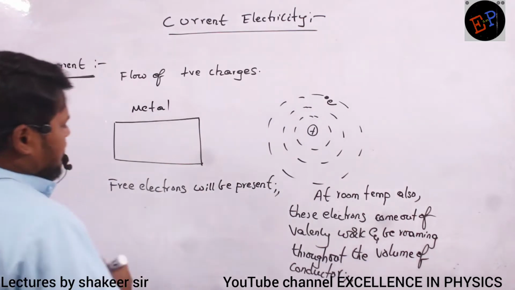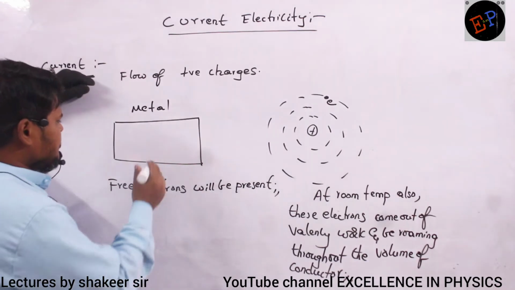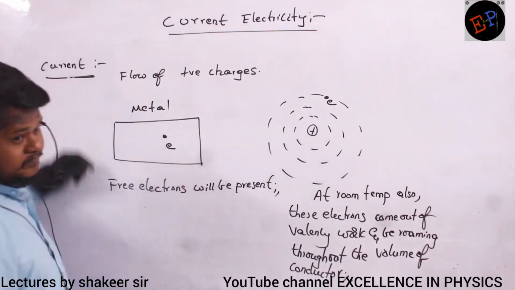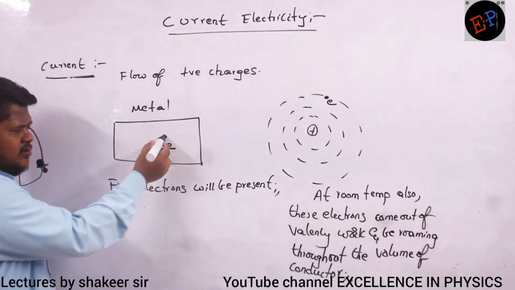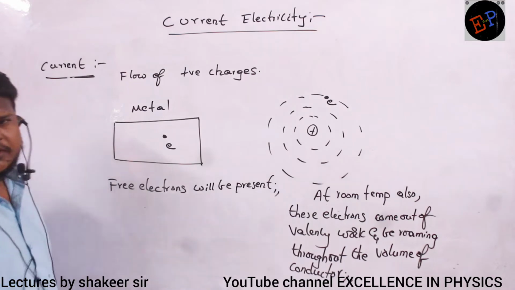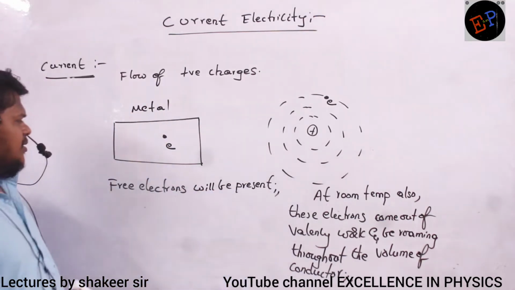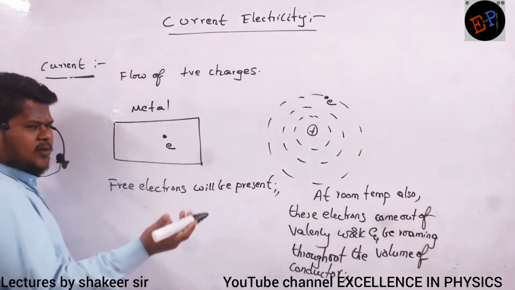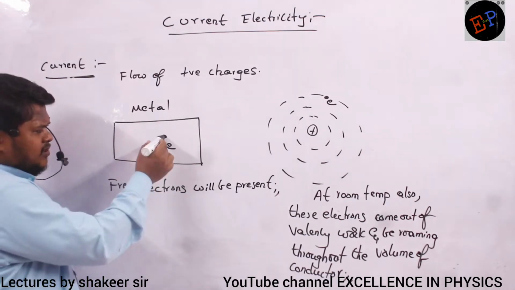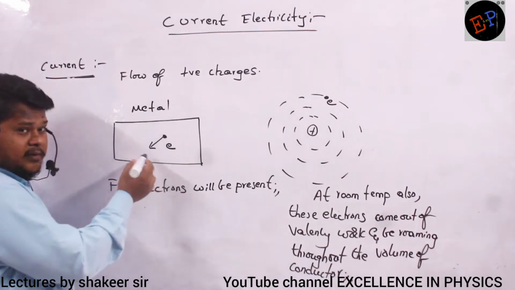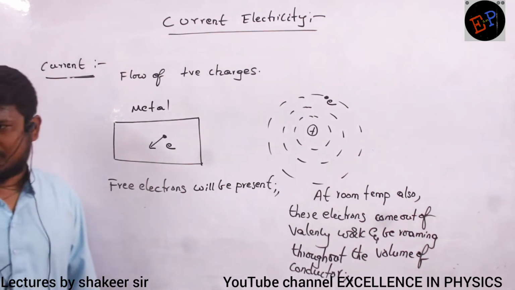See, ma. Consider this is one free electron, which is present in this particular metal. In which direction will this free electron be moving? Random direction. Clear, ma? An electron is a very small particle, no? It will try to move in a straight line, but immediately it collides with another atom. Collisions also will take place, no?